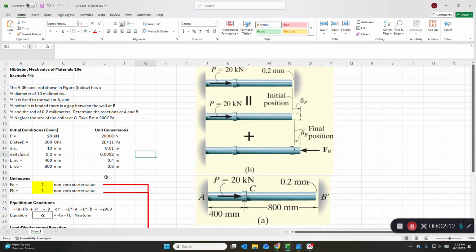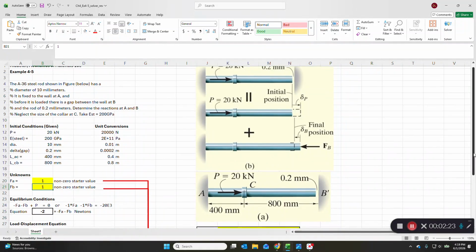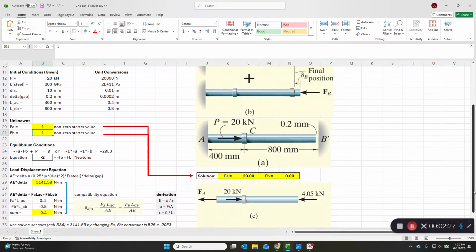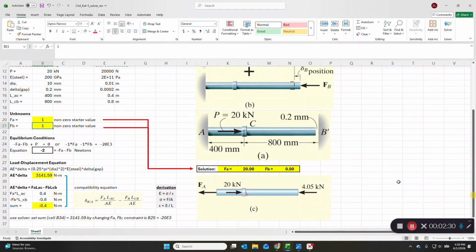Now, we have two unknowns here. We don't know the reactions at A and B. So we're going to, again, use non-zero starter values, and I like to use 1 for a starter value, and then we'll carry this a little bit further. Most of these types of solutions require solving the variables given equilibrium conditions.